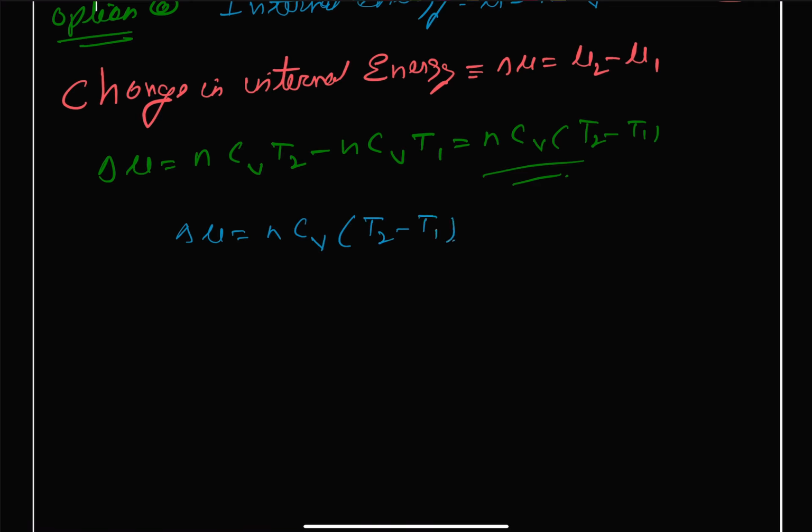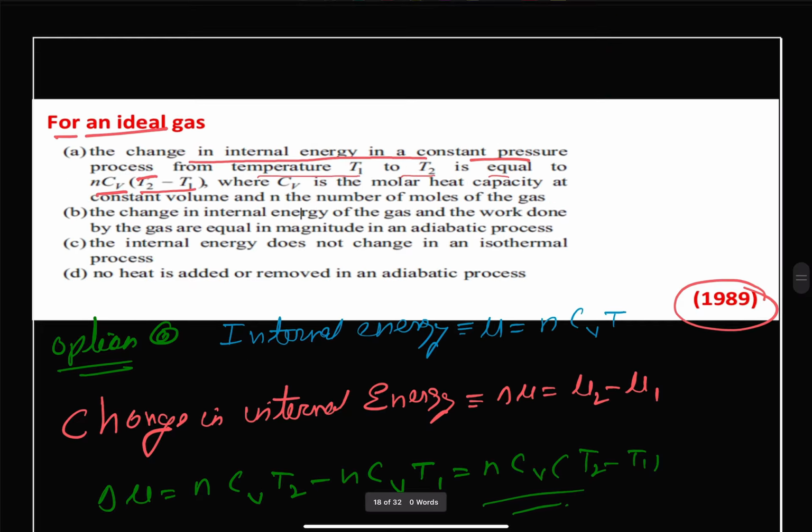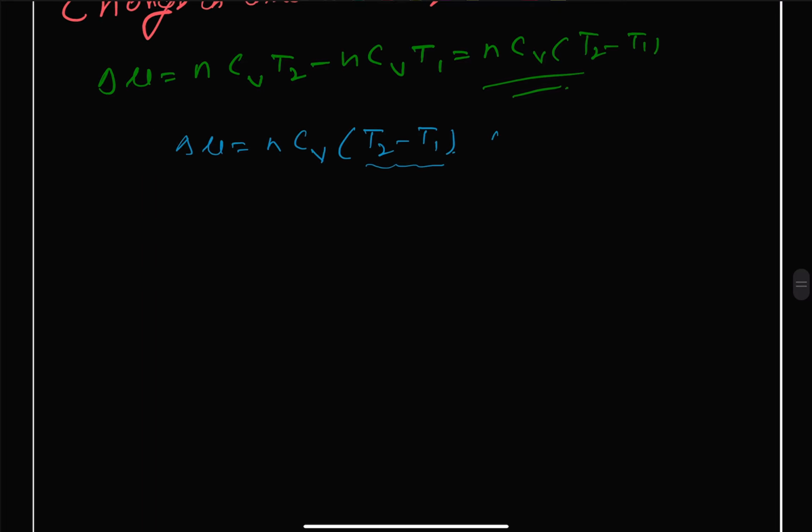So irrespective of any process, whether it is isobaric, isochoric or isothermal, the internal energy is only dependent upon the temperature for the ideal gas. Okay. Therefore, we can say that option A is correct.